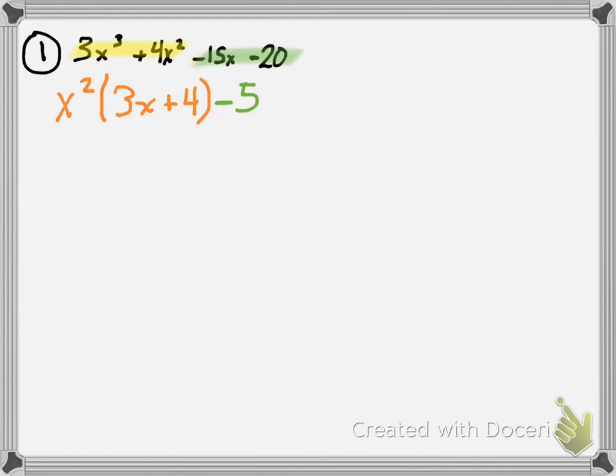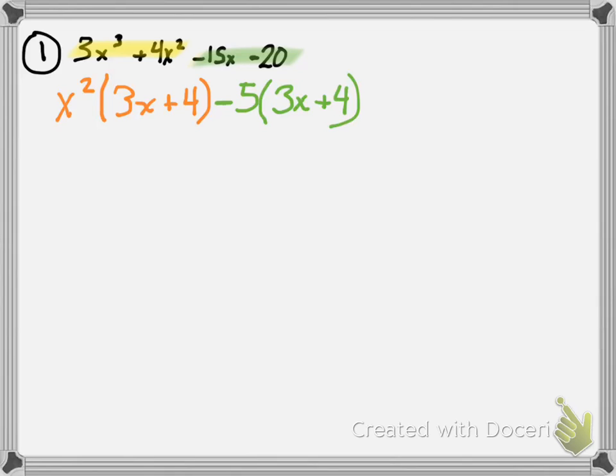And there's not an x in both, so that's as far as we can get. So negative 15 divided by negative 5 leaves me a positive 3. X is going to stay the same because I'm not factoring out an x. Negative 20 divided by negative 5 leaves me a positive 4.